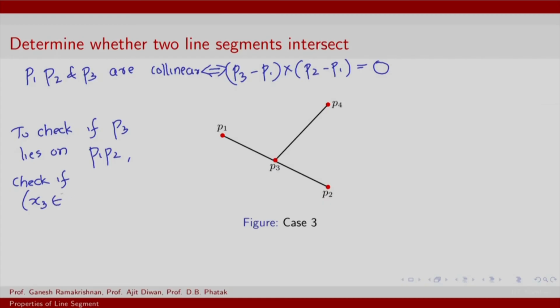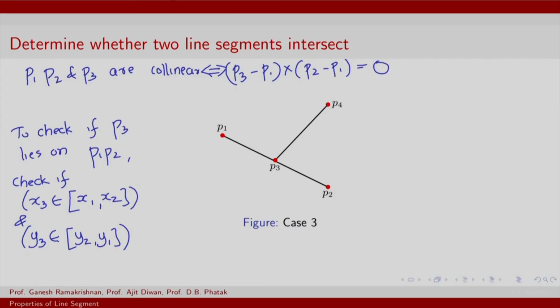X3 should be exactly in the line segment or in the closed interval x1 x2, and check if y3 belongs to the closed interval y2 y1. We have very implicitly referred to this specific orientation of P1 and P2 in defining these intervals x1 x2 and y2 y1. We know that y2 is indeed smaller than y1 and x1 is smaller than x2.